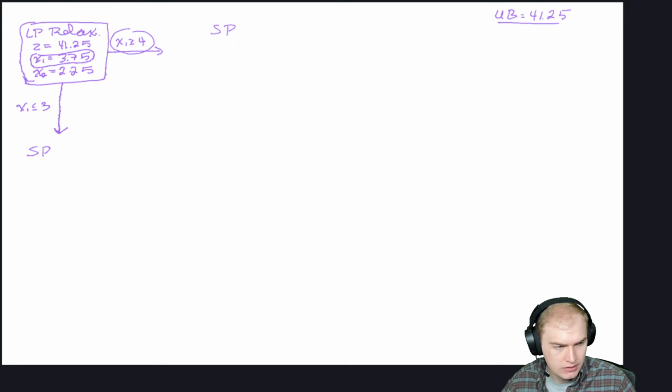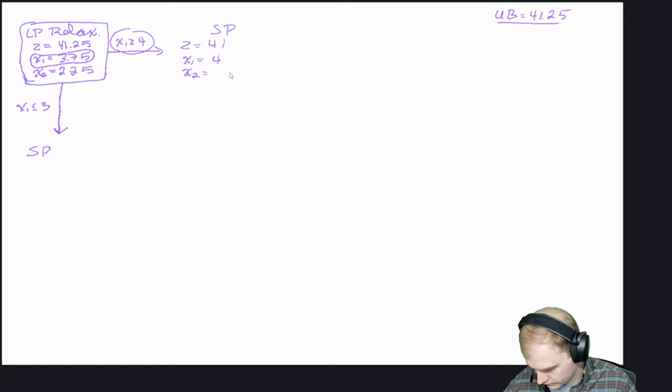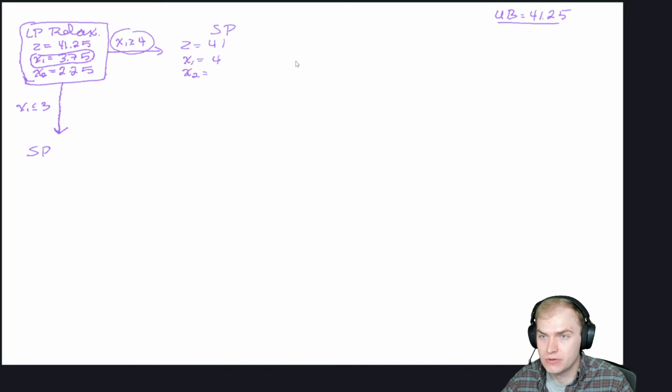So let's update our tree here. Z equals 41, x1 equals 4, x2 equals 1.8.